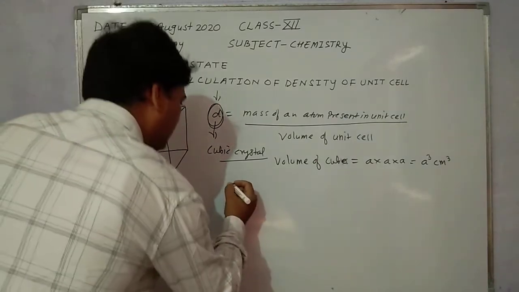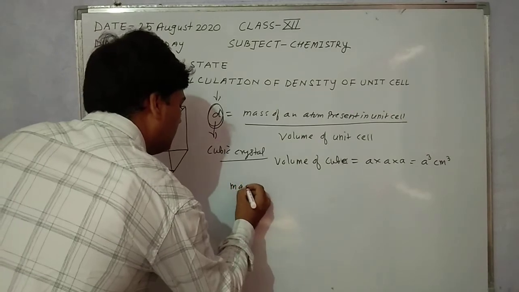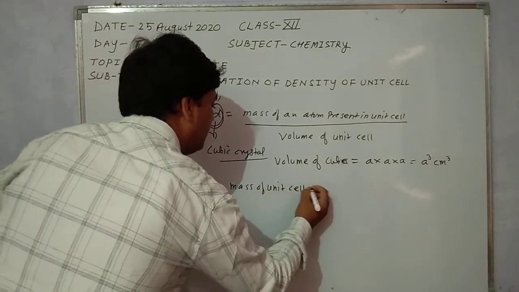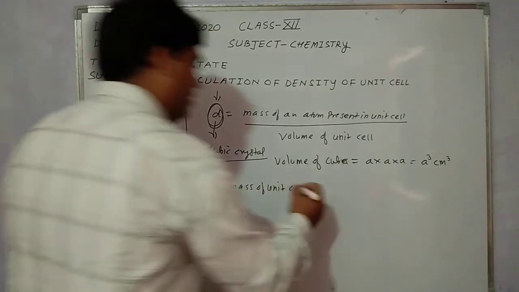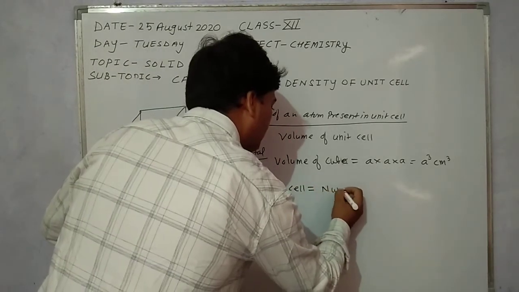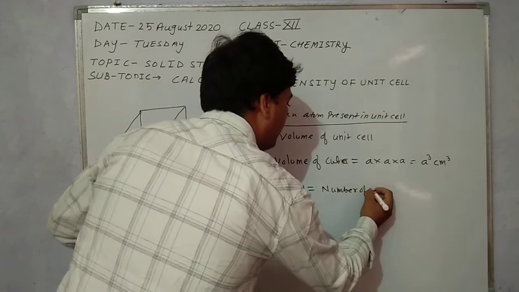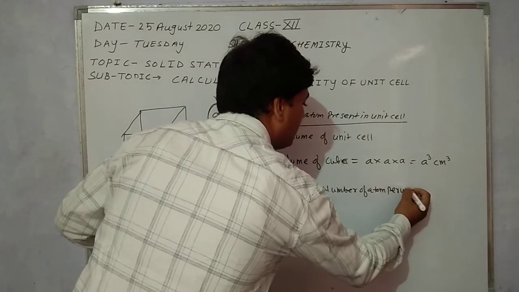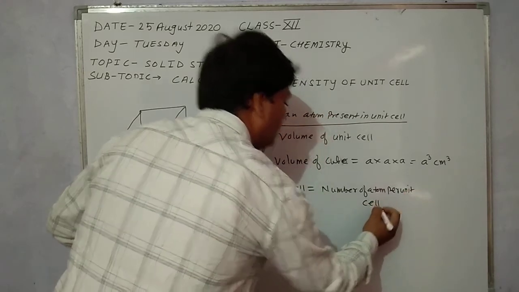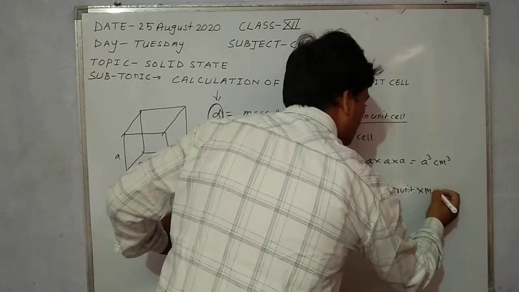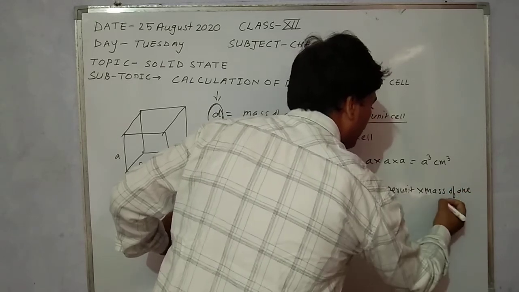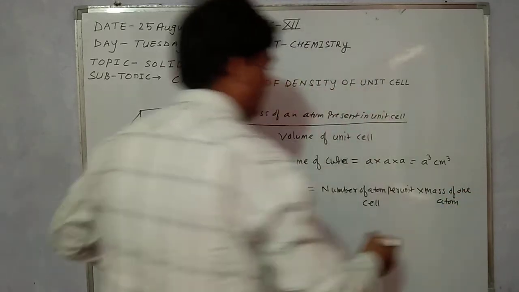Mass of unit cell is equal to number of atoms per unit cell into mass of one atom.